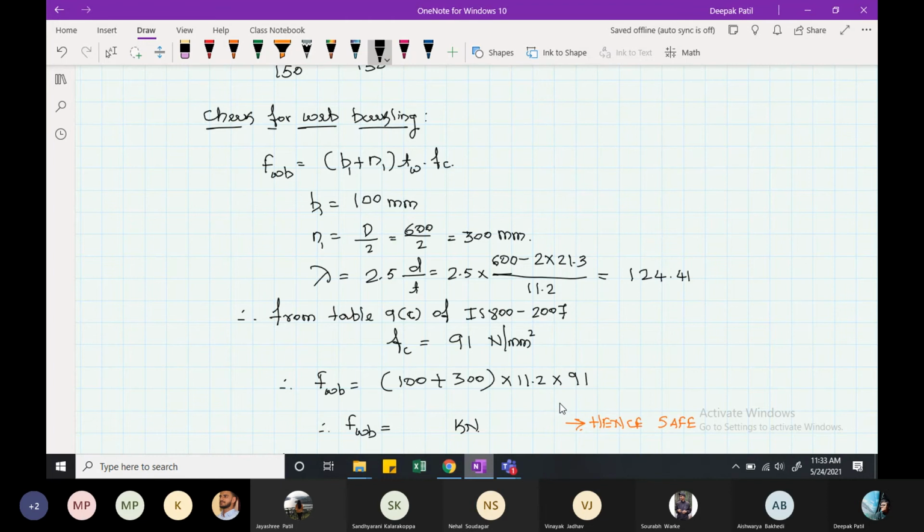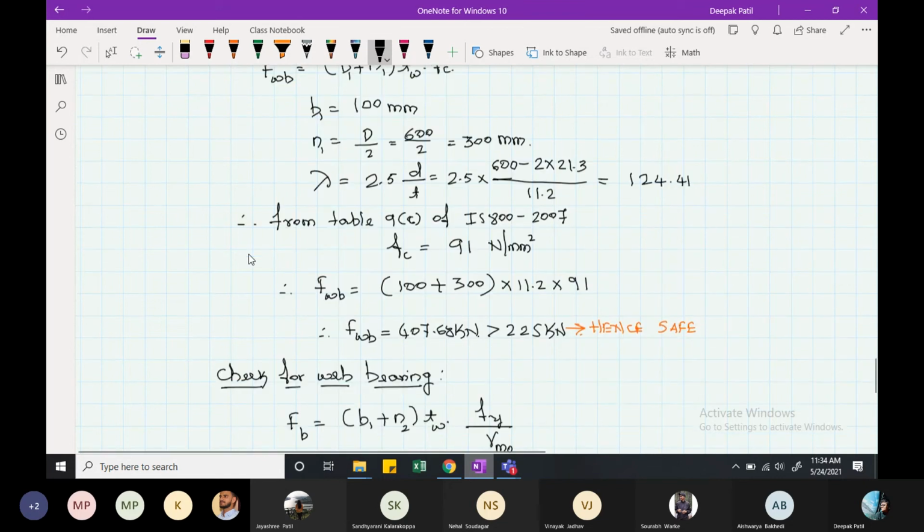And you will get FWB as 407.68, which is more than 225 kilonewtons. That is the maximum shear force which is coming on the beam. So hence it is safe from web buckling point of view.